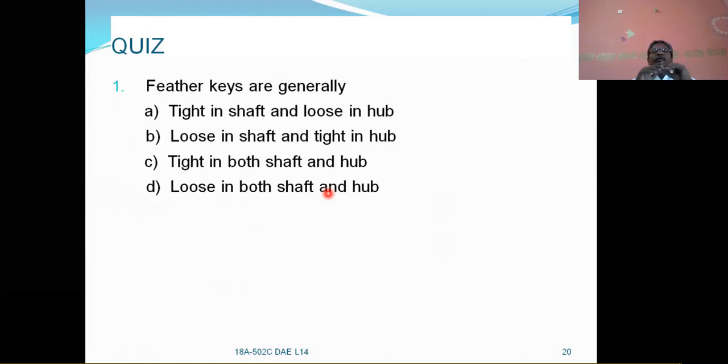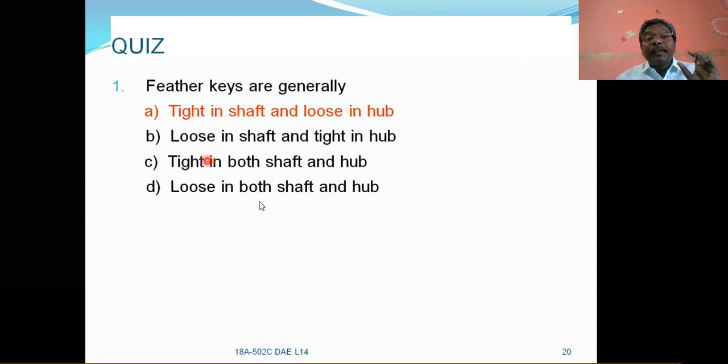In such cases we are going to use feather keys. So that's why these are generally tight in shaft, loose in hub, loose in shaft, tight in hub, tight in both shaft as well as hub, loose in both shaft and hub, which is the right answer in this. So let us see.